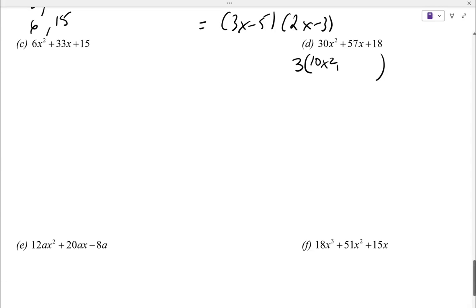When you divide the 57 by 3, you get 19. And when you divide the 18 by 3, you get 6. Good. Remember, that's always your first step is to factor out the GCF, right? Get that greatest common factor out.